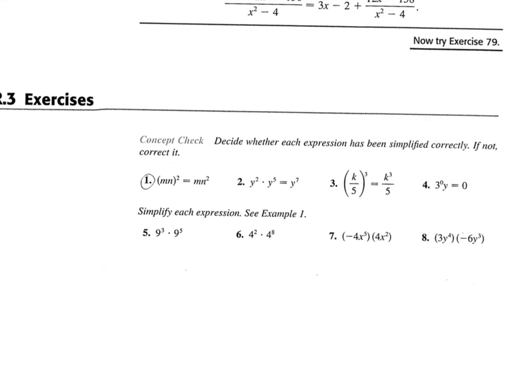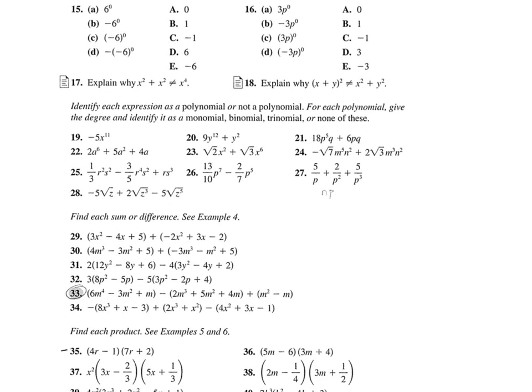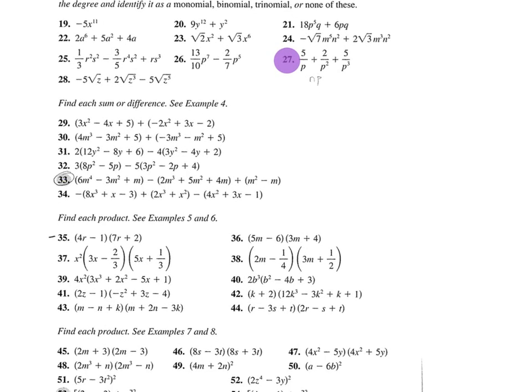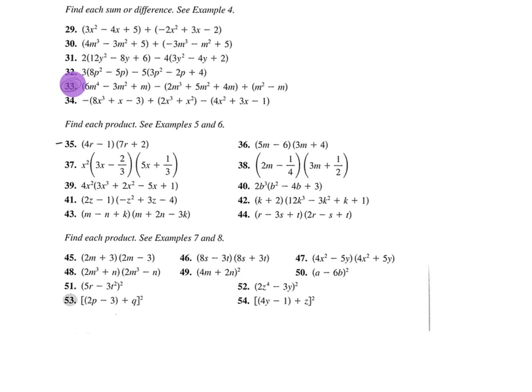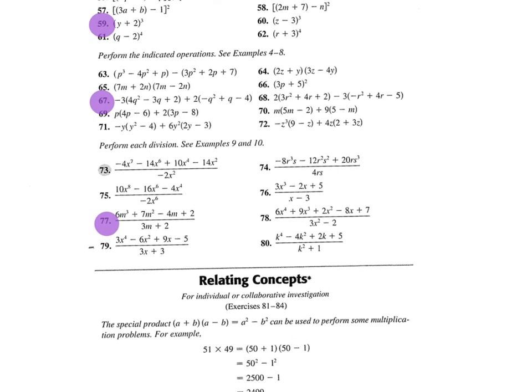For the concept check here on the bottom, you're just going to do 2, 7, 4, from this page, we're going to do 11, 13, 27, 33, 43, 47, 53, 59, 67, and then 27 and 80.